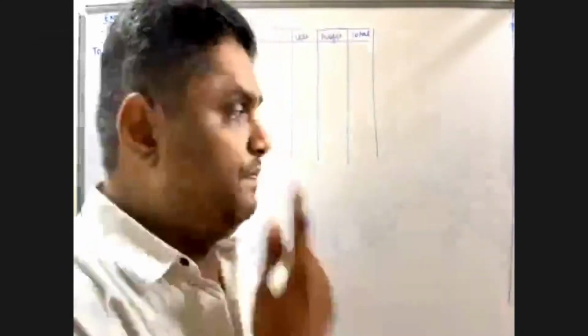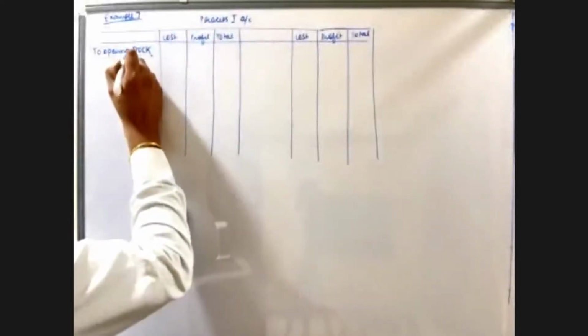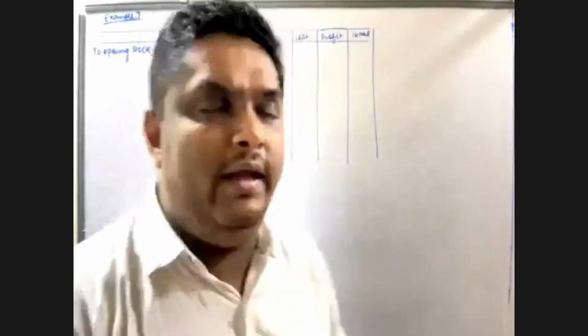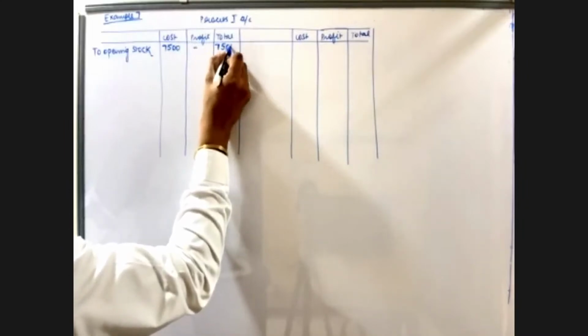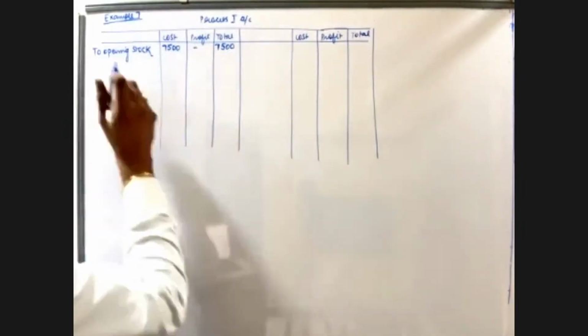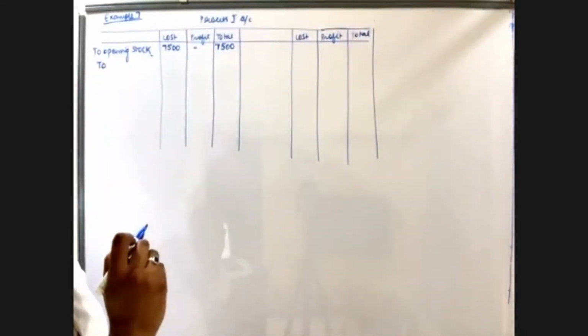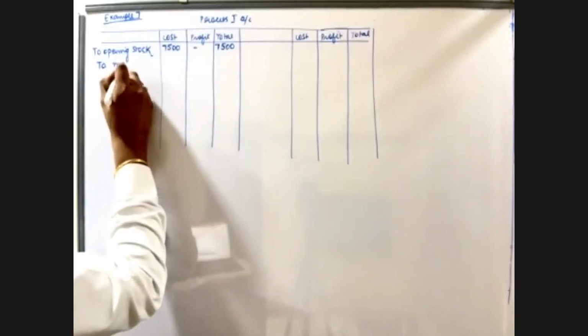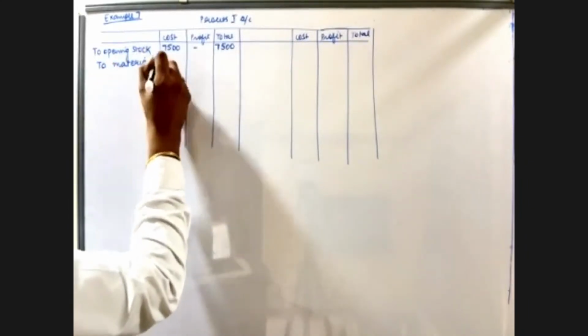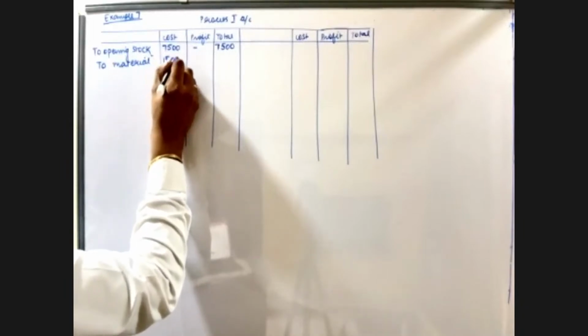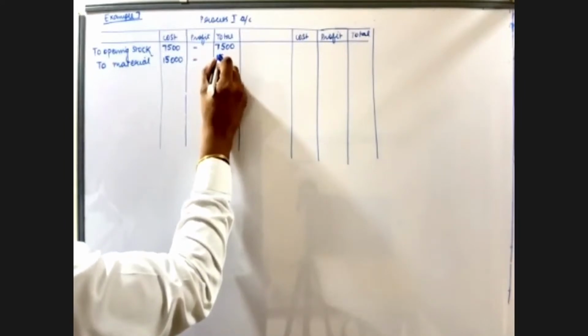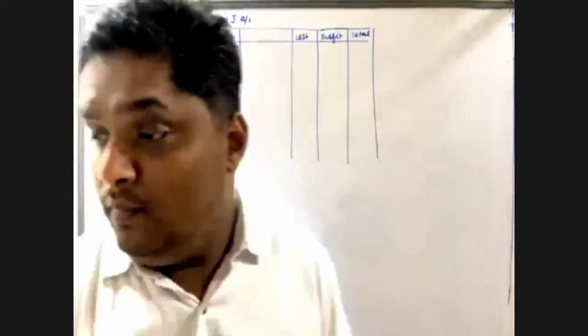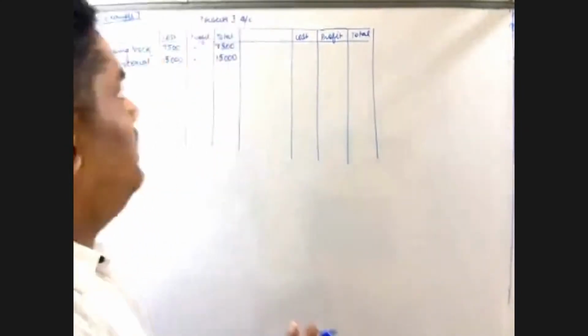So thank you, Rushita. Herein, my opening stock is 7,500. To material, 15,000. To wages, 11,200.